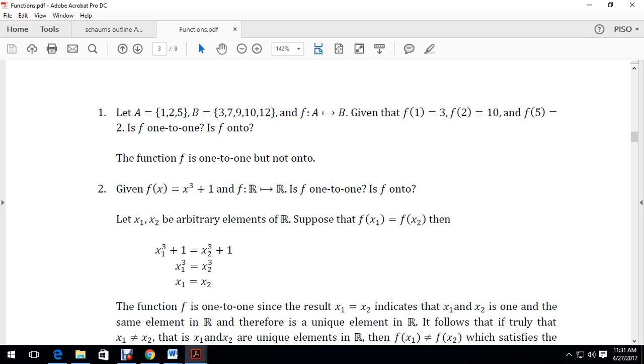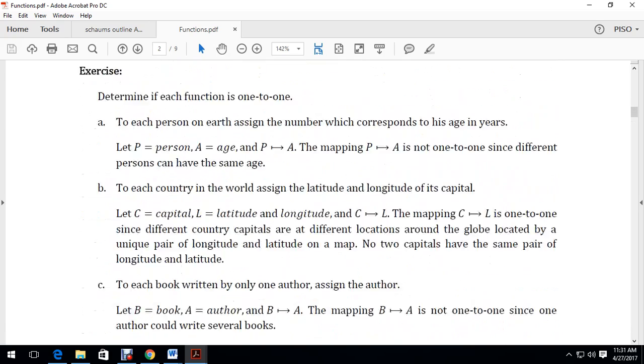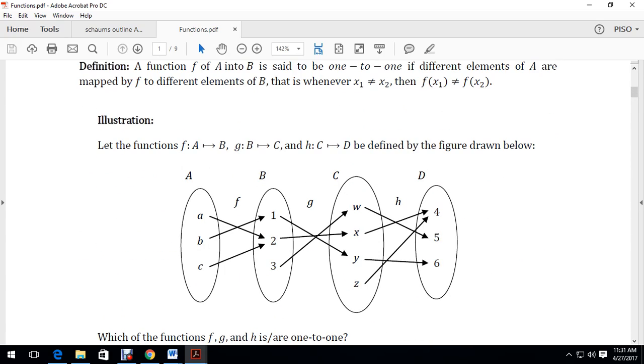Okay, so going back to the definition, a one-to-one function means that there is a unique assignment of all the elements from the previous set towards the second set.